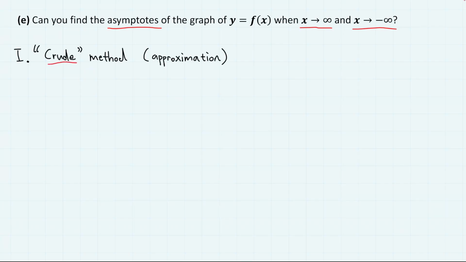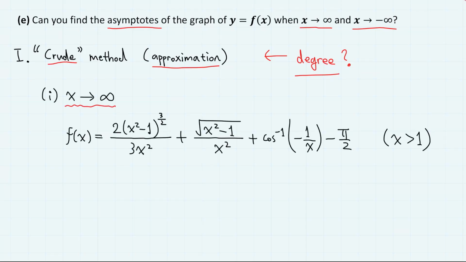Let's use the crude or approximation method first, only by considering the degrees of the functions. In the x approaching positive infinity case, we have to use the expression of f of x for x greater than 1. As for the first term, this part, (x squared minus 1) to the power of 3 over 2, has a degree of 3. That is, it behaves approximately the same as x cubed. So if we divide that by x squared, the entire first term is approximately x.